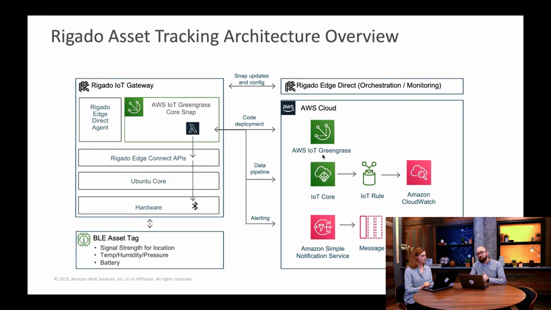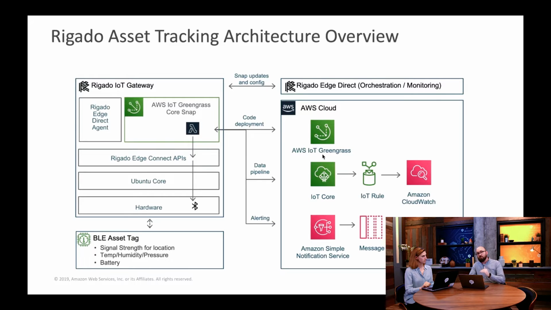We are streaming data up using Lambda to IoT Core, where we also have an IoT rule that is feeding that data into Amazon CloudWatch. And finally, the Lambda function at the edge can also alert based on temperature thresholds being exceeded, and that feeds into an SNS message that can alert service providers on the ground to take action on a particular package if it is starting to exceed temperature thresholds.